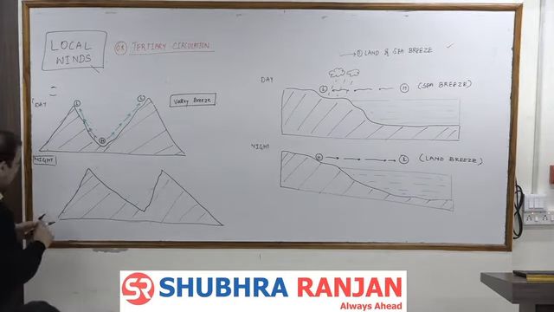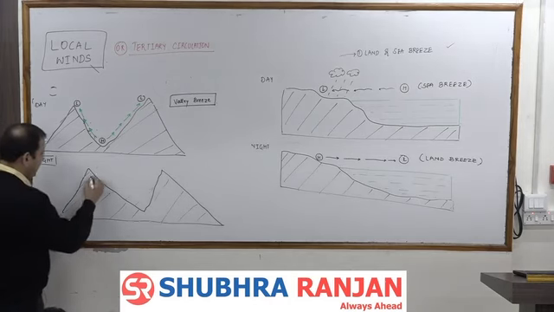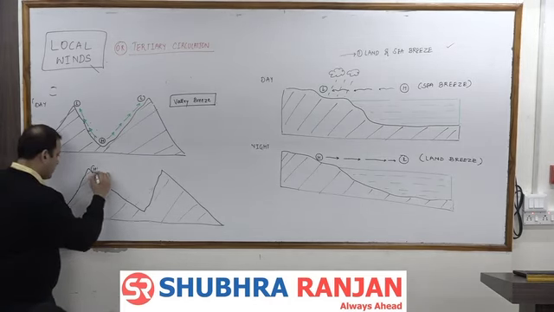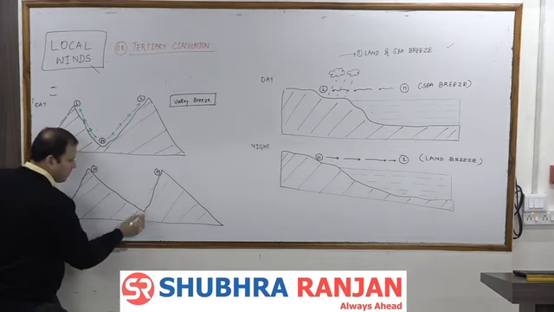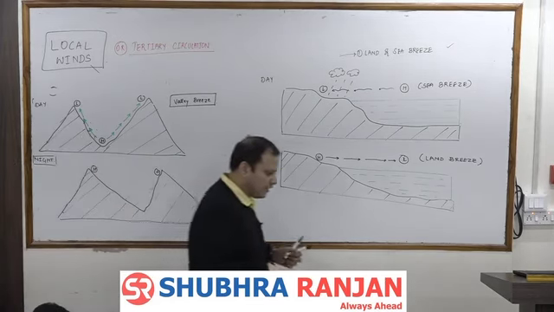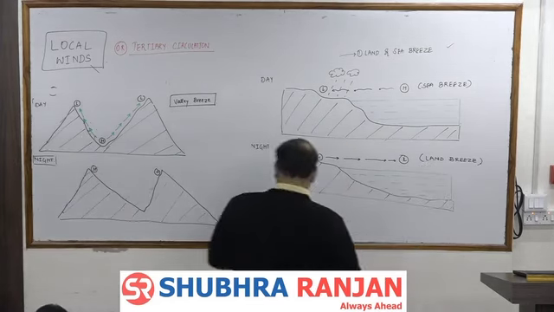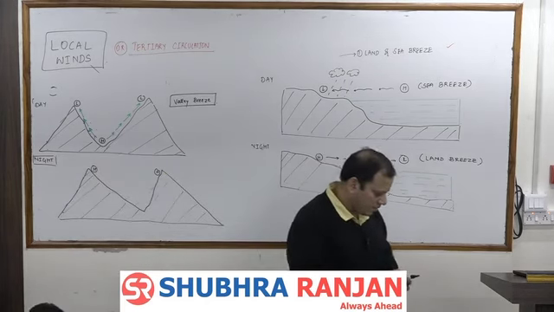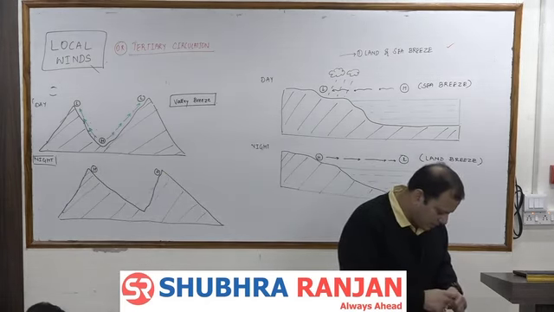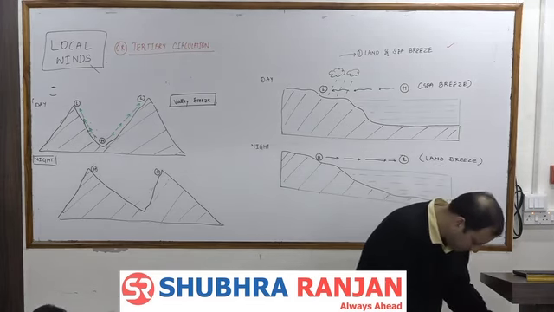Upper slopes will lose the heat quickly, while the lower part of the valley floors will be comparatively warm.